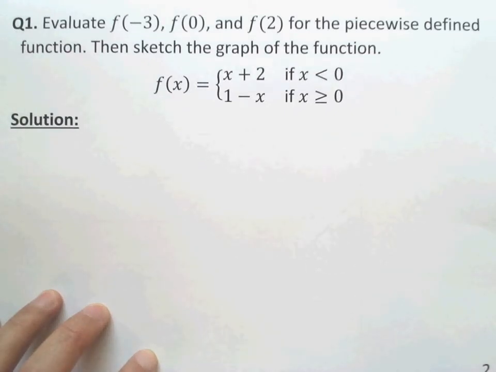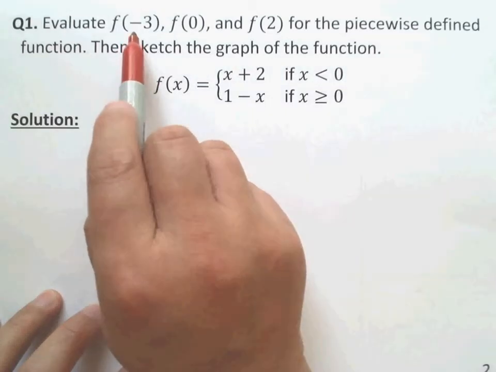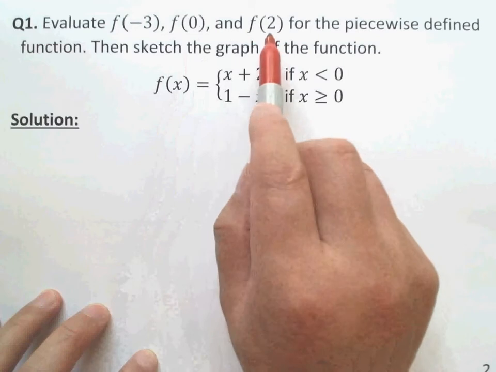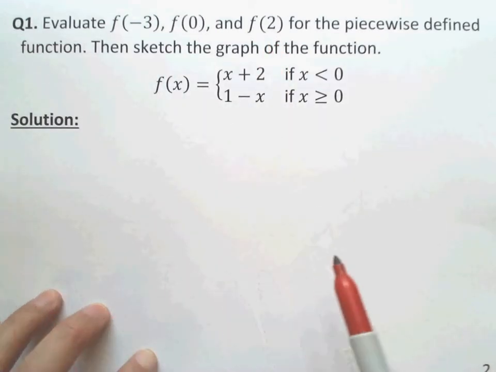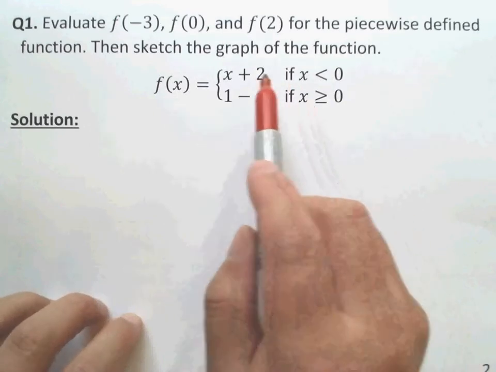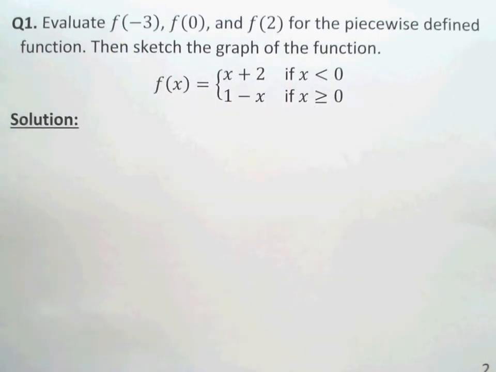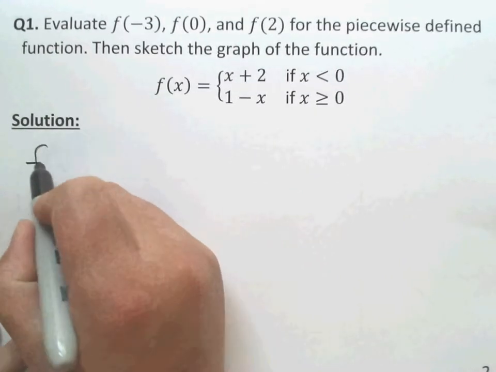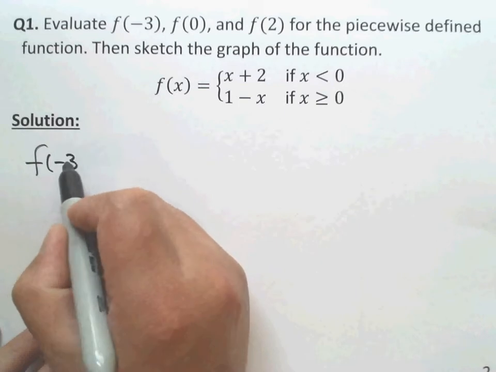First, we need to evaluate the function at -3, 0, and 2. How do we evaluate it? Even if we don't know the graph, we still know how to evaluate it, right? So f at -3 equals what?